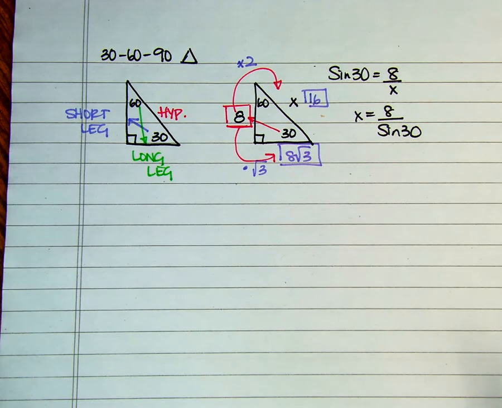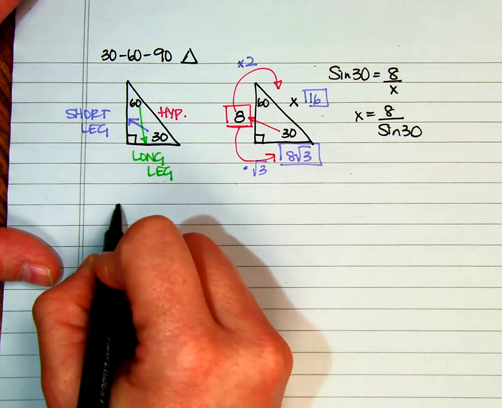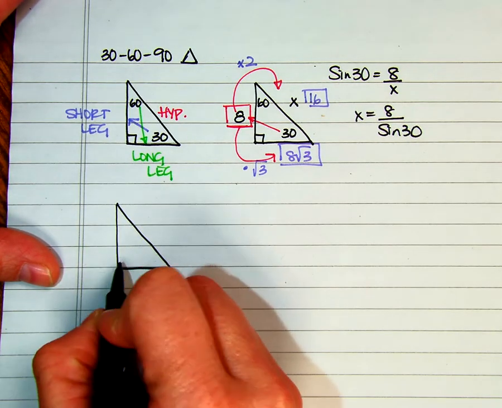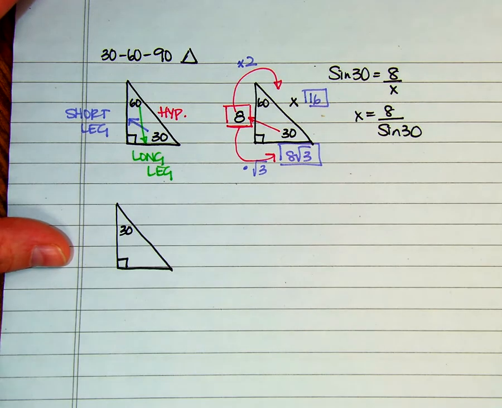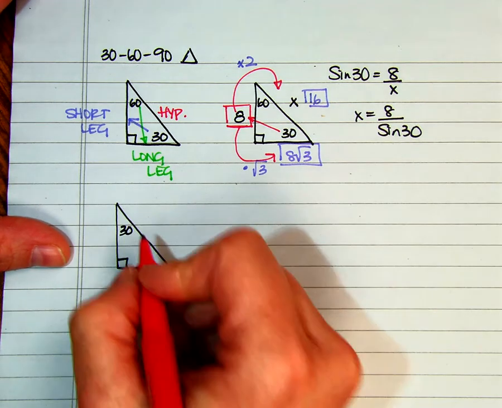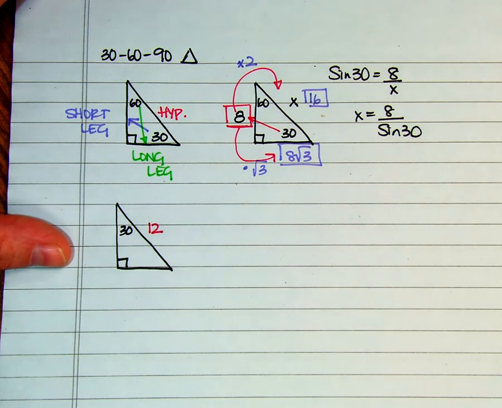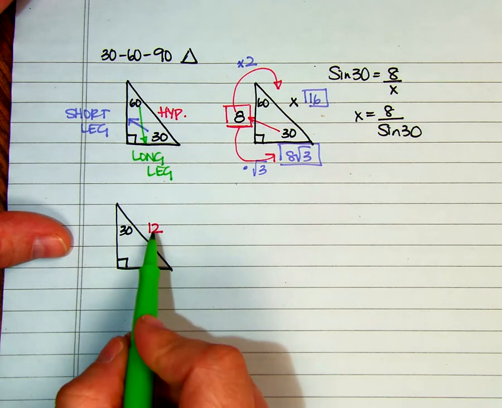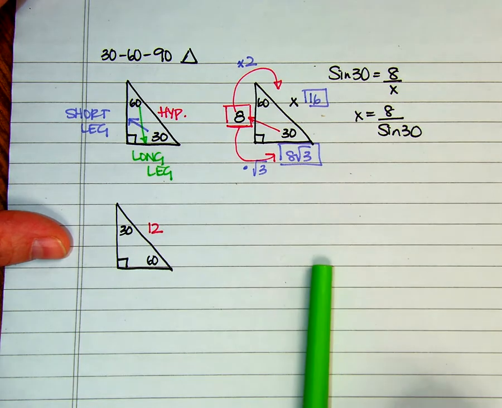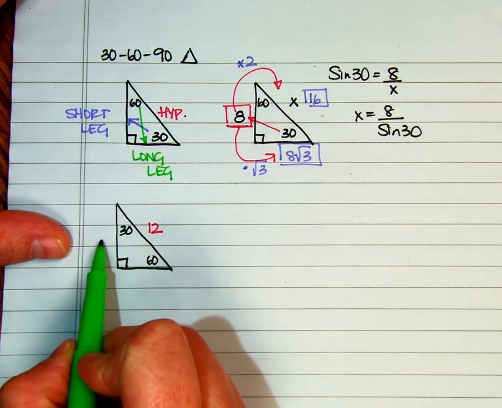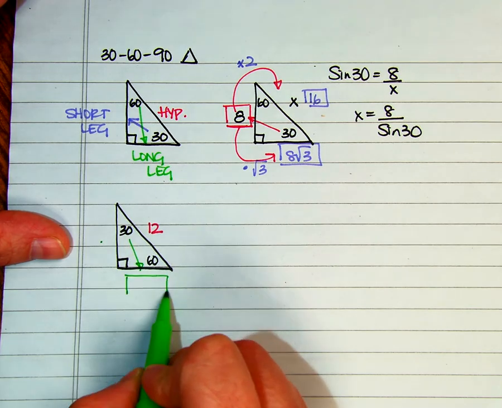But again, trig will still work. Okay, so if I make this the 30, and I say that the hypotenuse is 12, let me fill in the 60 here, I cannot go to the long leg from the hypotenuse. The side opposite the 30 is your stepping stone.